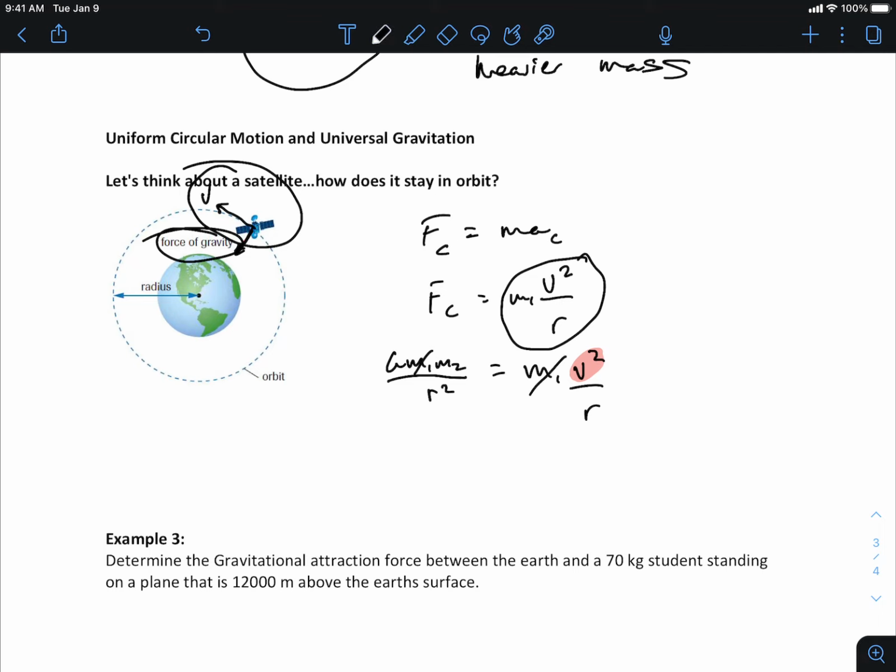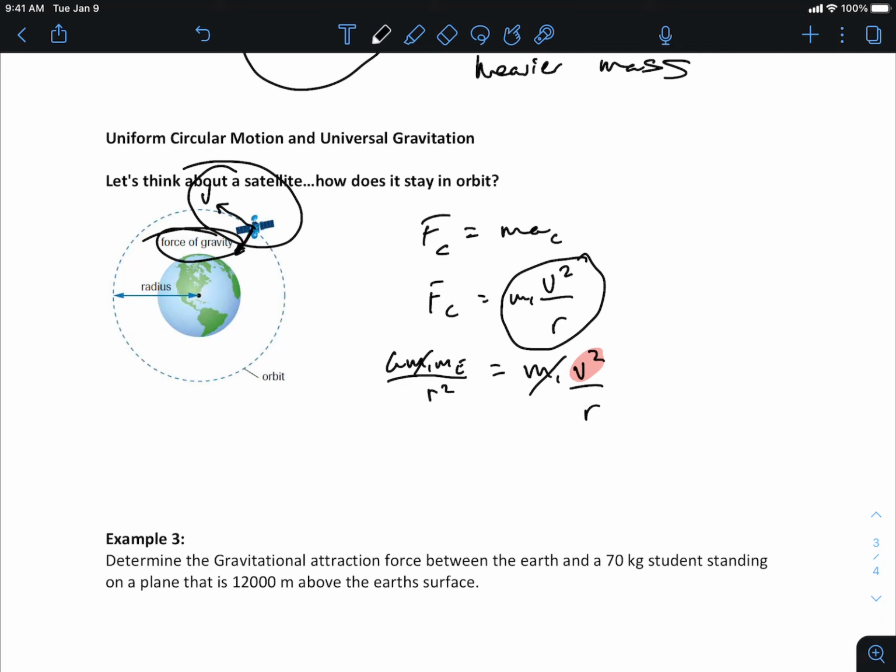That's probably the mass of the satellite, the smaller of the two. m2 would be the mass of the Earth. I should have maybe labeled it like that, but it is what it is. So the mass of the satellite cancels out.